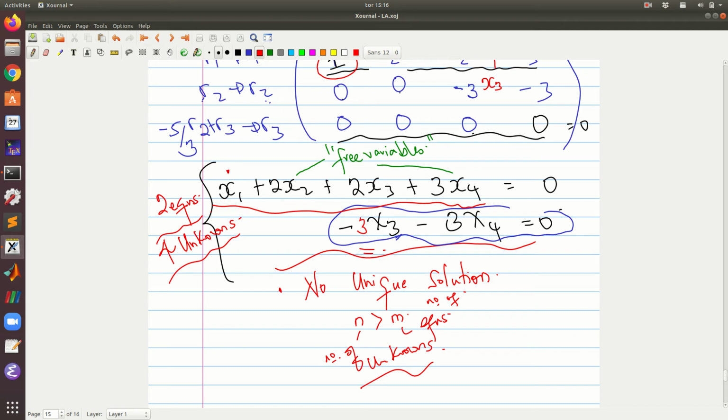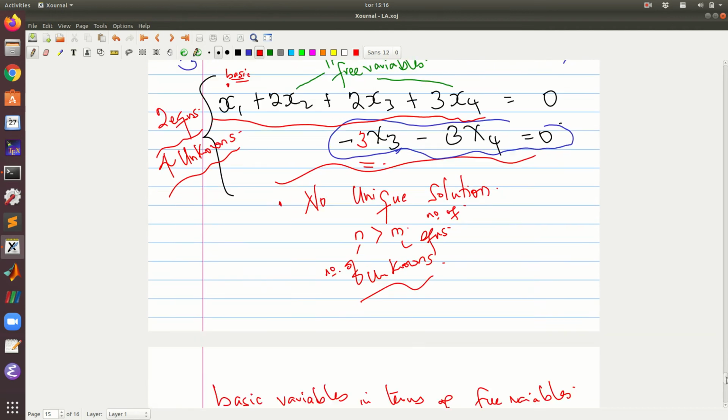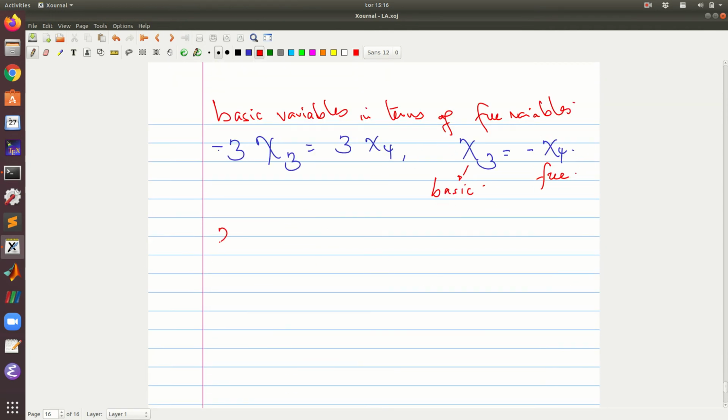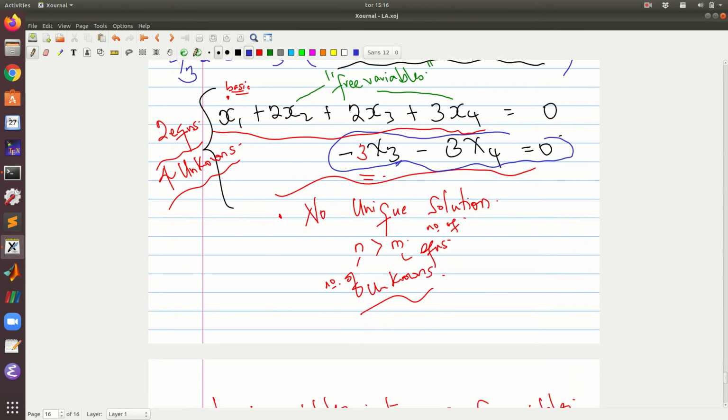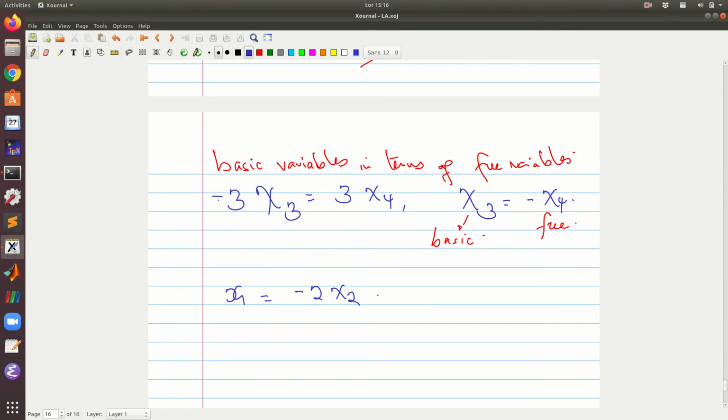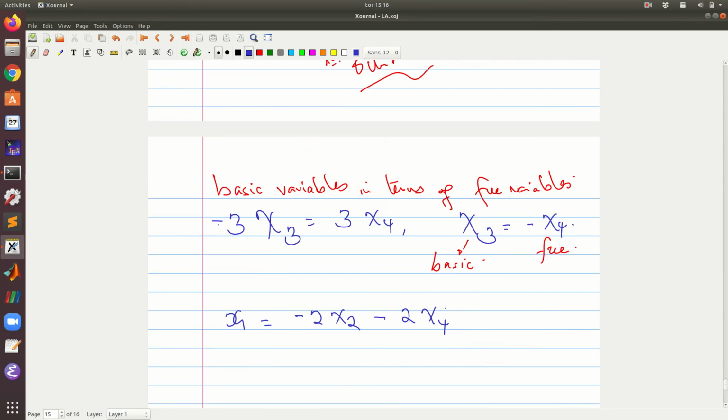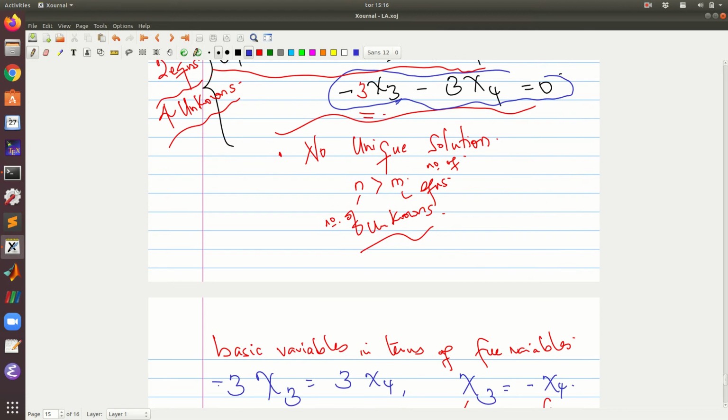remember this is the basic variable, so we will express this in terms of everything else on the right. So we have that x1 will equal -2x2 minus 2x3 and minus 3x4.